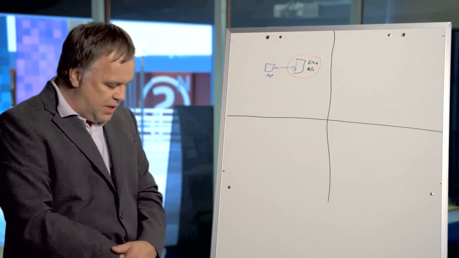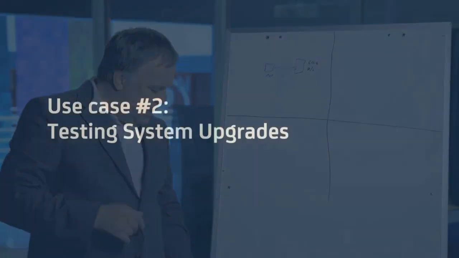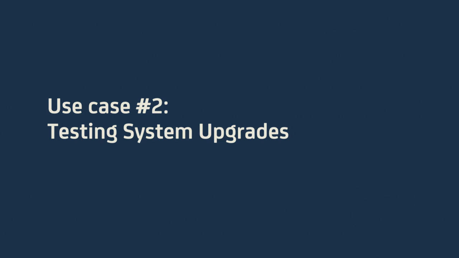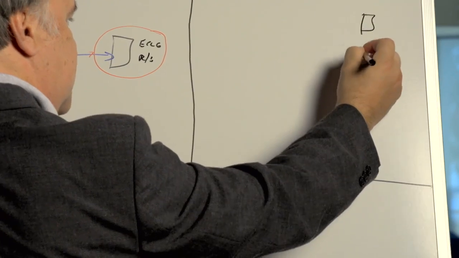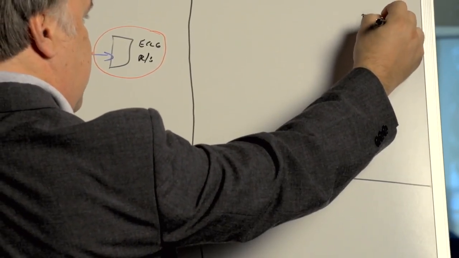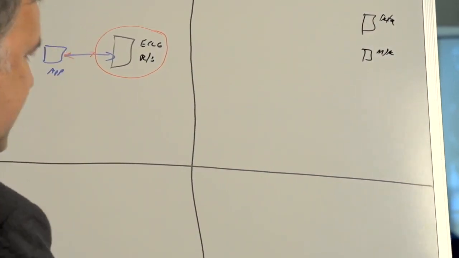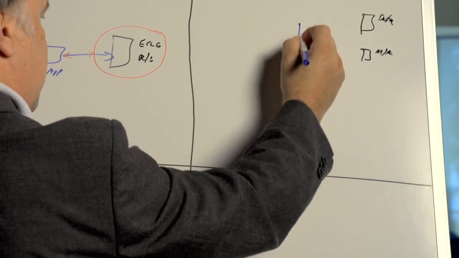A next use case that we have with ECC6 and R3 is the case of trying to do a system upgrade. So in this example, I have back-end systems that I need to deal with, such as mainframes, such as corporate databases. And what I'm doing in this case is I'm trying to test SAP against those environments.